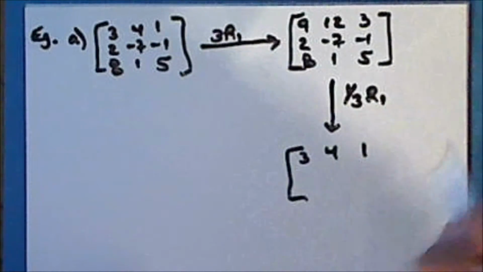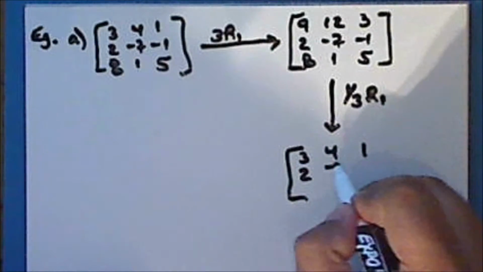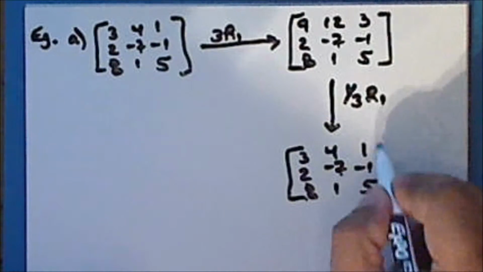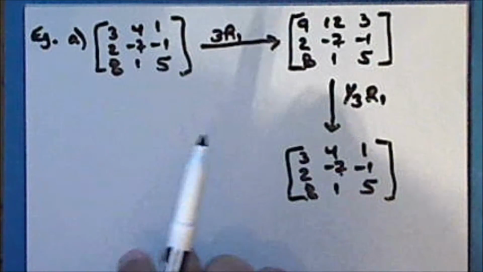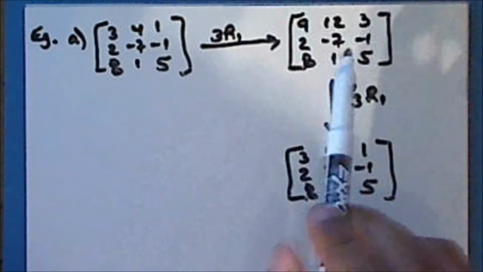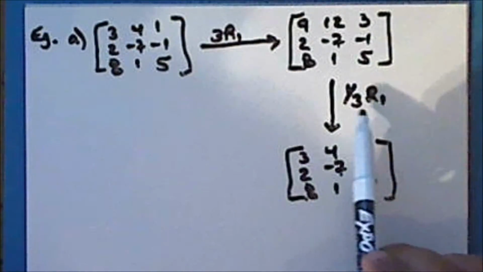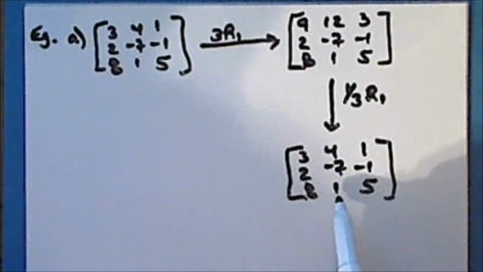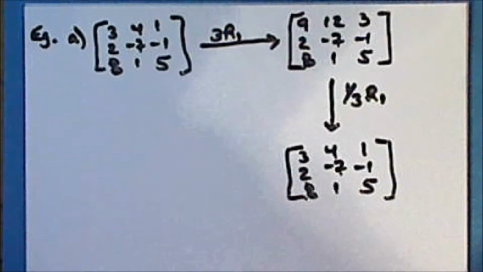Rows 2 and 3 are not changed, and so we have 2, -7, -1, 8, 1, 5. And so by performing an elementary row operation on a given matrix and then performing the inverse of that row operation, we once again obtain the original matrix.